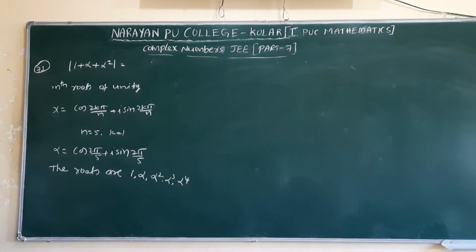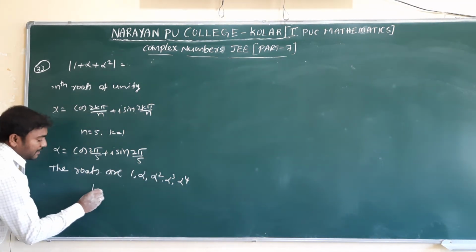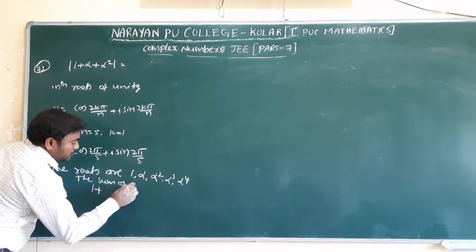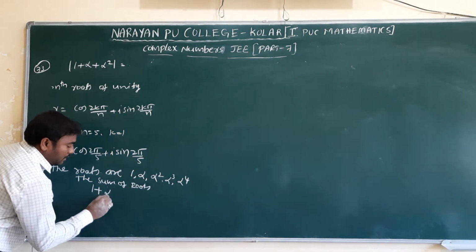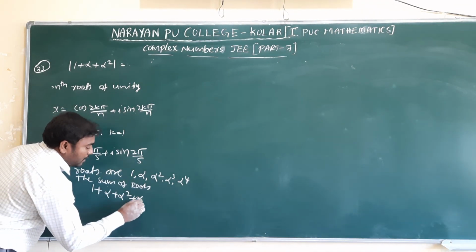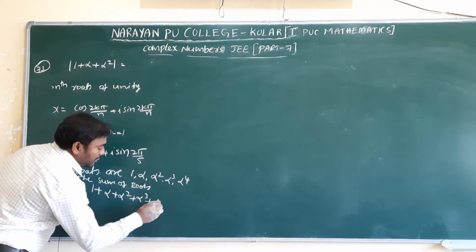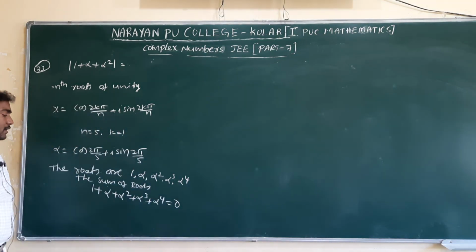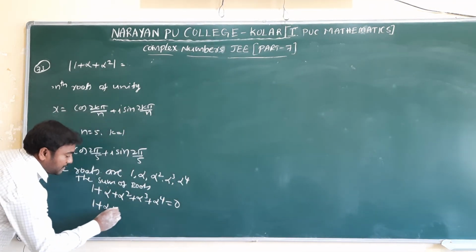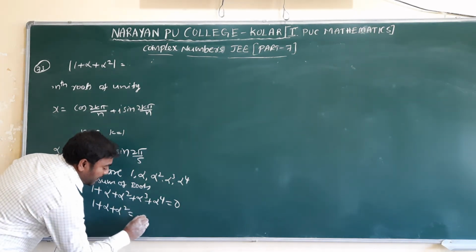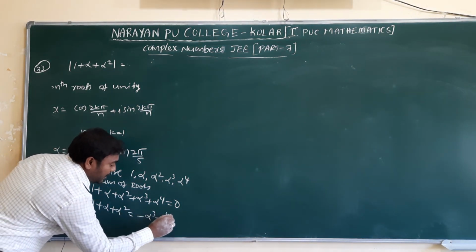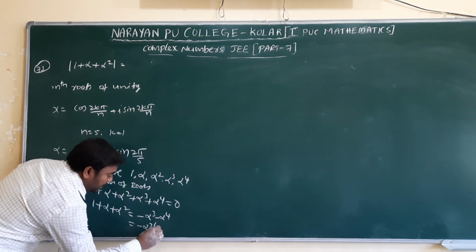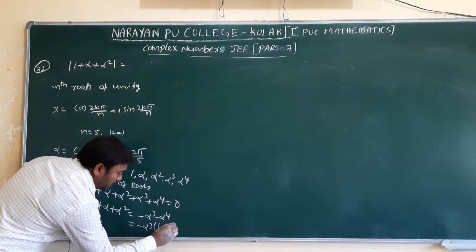The sum of roots, 1 plus alpha plus alpha square plus alpha cube plus alpha power 4, equals 0. Here 1 plus alpha square is equal to minus alpha cube minus alpha power 4. Taking minus alpha cube common, remaining 1 plus alpha.